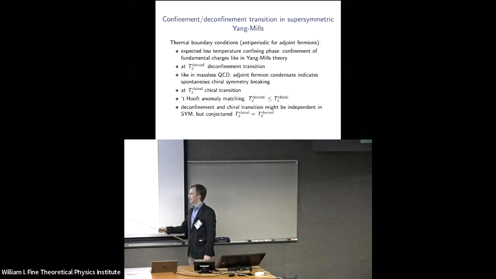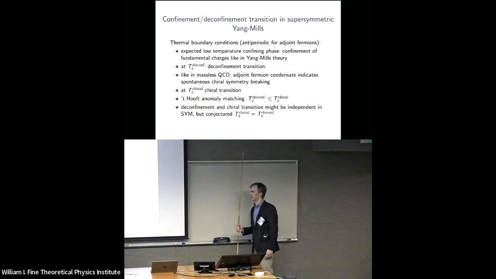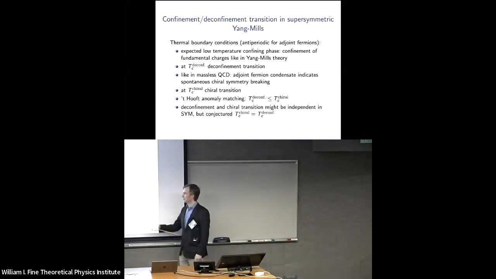The additional thing is that if you go to the massless limit, then as in massless QCD, you also have spontaneous chiral symmetry breaking. So you have in principle two different transitions, a chiral transition and a deconfinement transition.